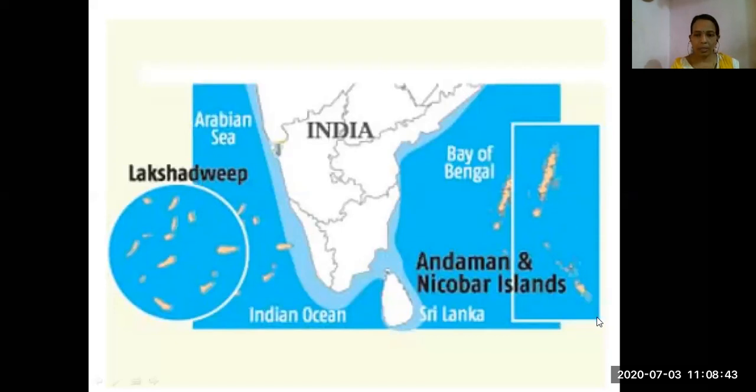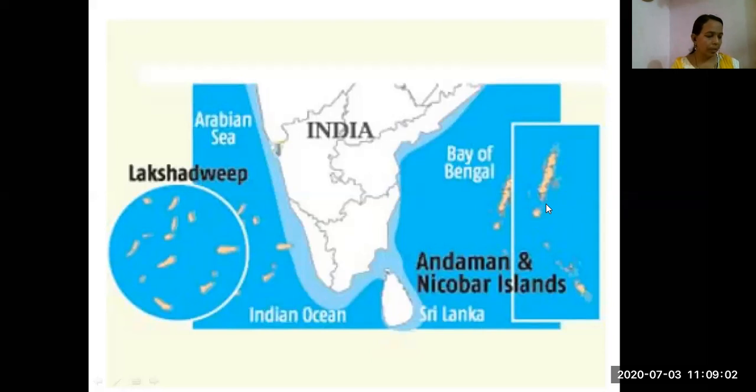They are bigger in size, more numerous and scattered. Scattered means not close, away from each other.